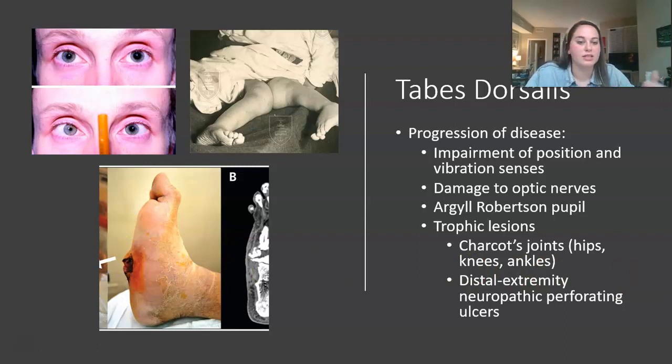Charcot's can lead to this, and it's basically local lack of sensation in the foot over pressure points leads to extended trauma, and eventually it ulcerates, and underneath this, the thickness of the callus is infection and bacteria, which then can lead into the bone. And this is very commonly seen also in diabetes mellitus.